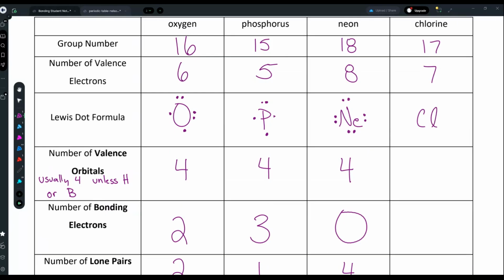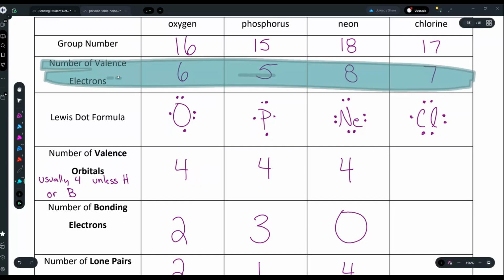When I'm drawing the Lewis dot formula or Lewis dot diagram or electron dot diagram, I count 1, 2, 3, 4, 5, 6, 7. So how many dots I'm drawing comes from how many valence electrons each atom has.